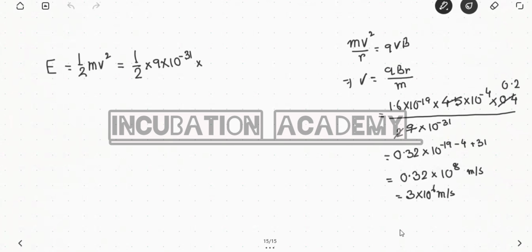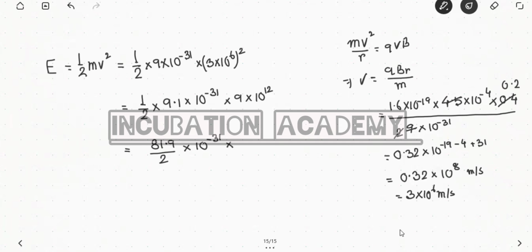So it will be 3 into 10 to the power 6 whole square. So this will become 1 by 2 multiplied by 9.1 multiplied by 10 to the power minus 31 multiplied by 9 multiplied by 10 to the power 12. So 9 into 9 is 81.9 divided by 2 multiplied by 10 to the power minus 31 and 10 to the power 12.